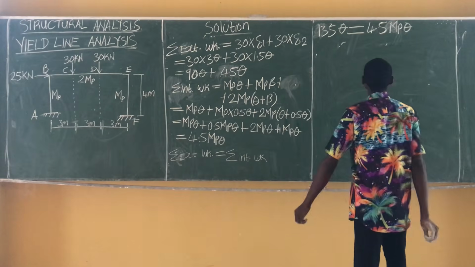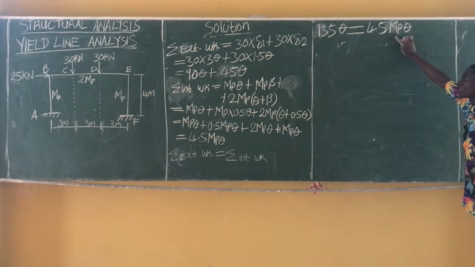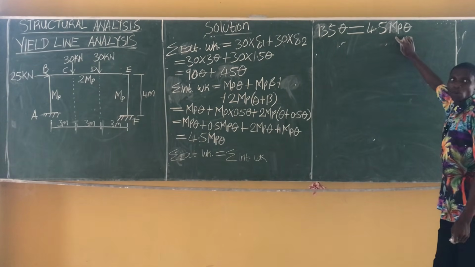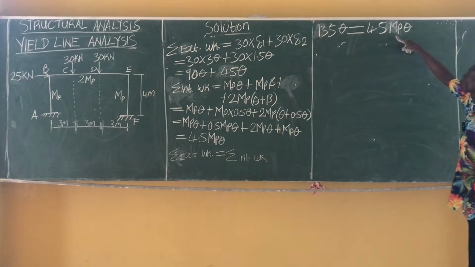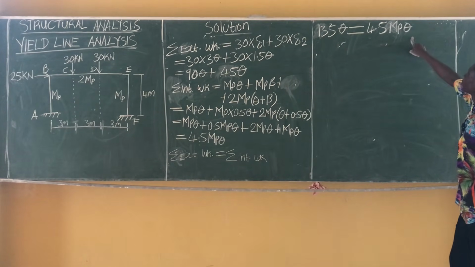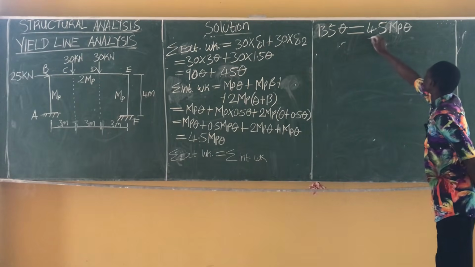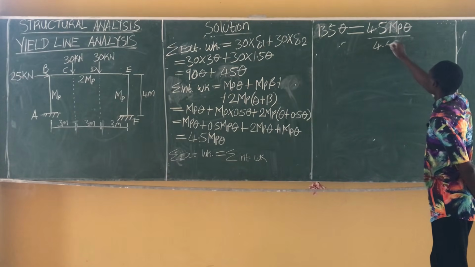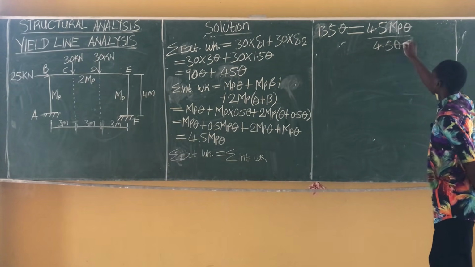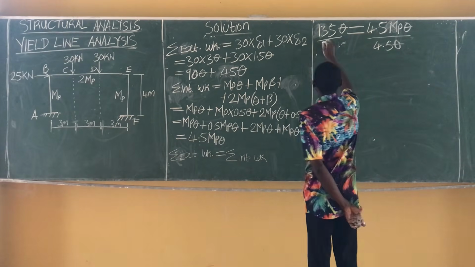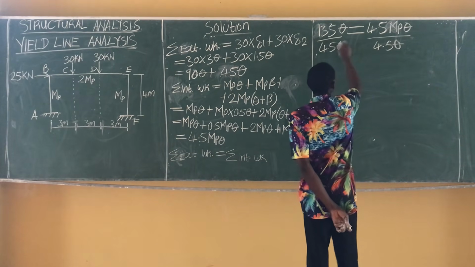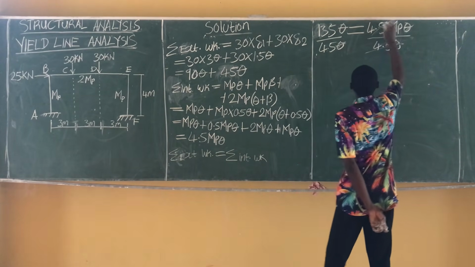Okay. So from this point, remember we are asked to get our plastic moment. To make our plastic moment the subject of the formula, we simply divide both sides by 4.5 theta. So this takes away this.